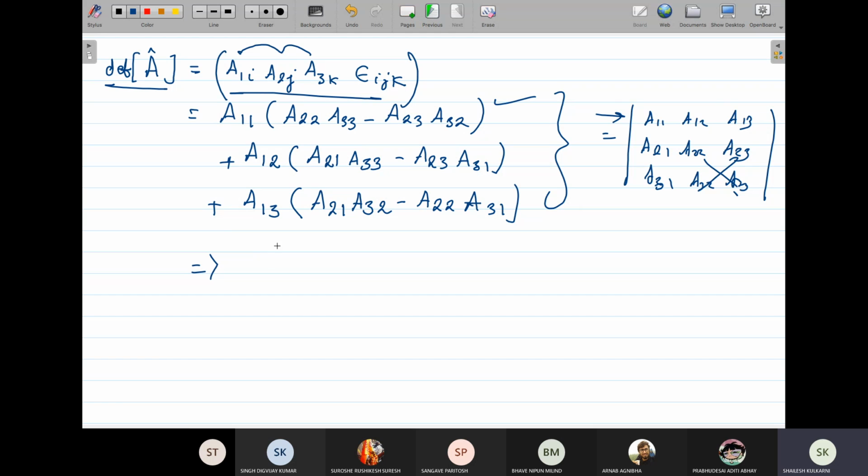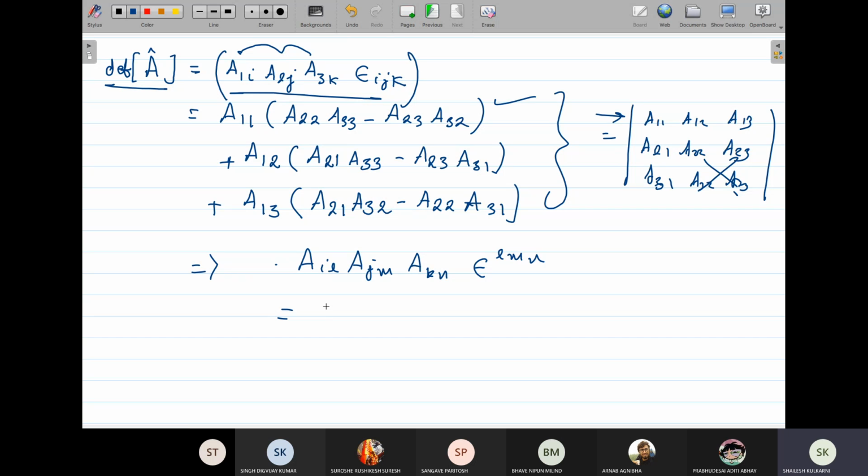In general, suppose I have something like this: A_{iK}, A_{jL}, A_{iJ}, A_{iL}, A_{jM}, A_{kN}, epsilon_{LMN}. Okay, this will give me what?